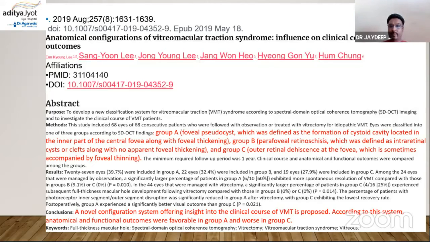Then group B's parafoveal retinoschisis was defined as intraretinal cysts or clefts, with no apparent foveal thickening. Group C is outer retinal dehiscence at the fovea, which is sometimes accompanied by foveal thinning. With this classification of VMT, they found that group A had favorable outcomes and group C had worse outcomes.